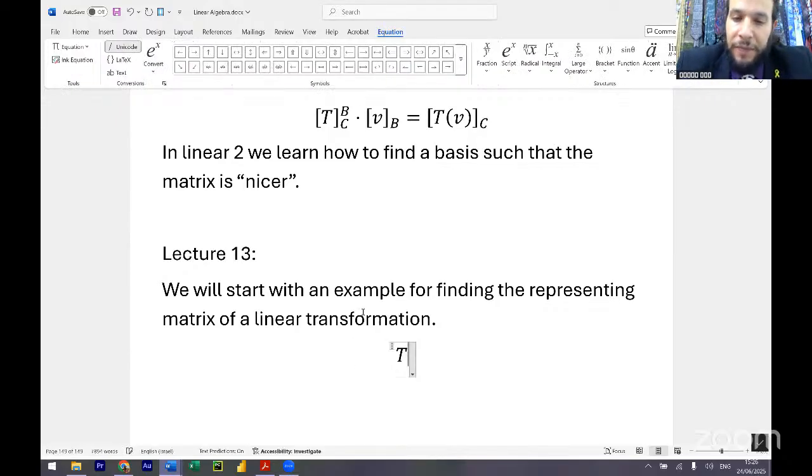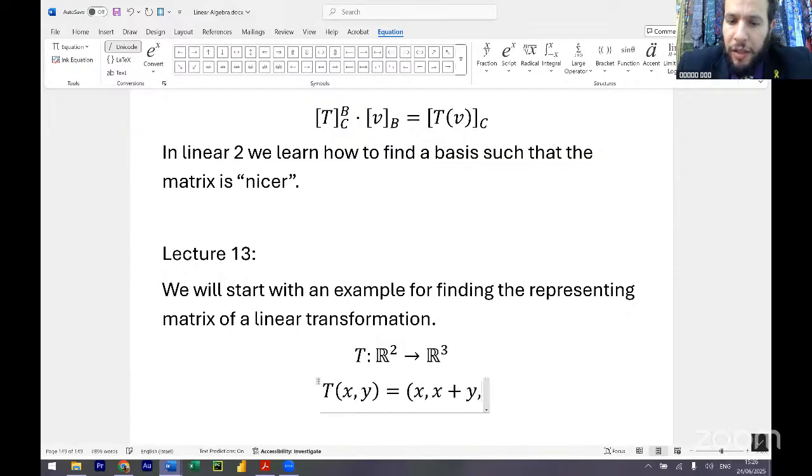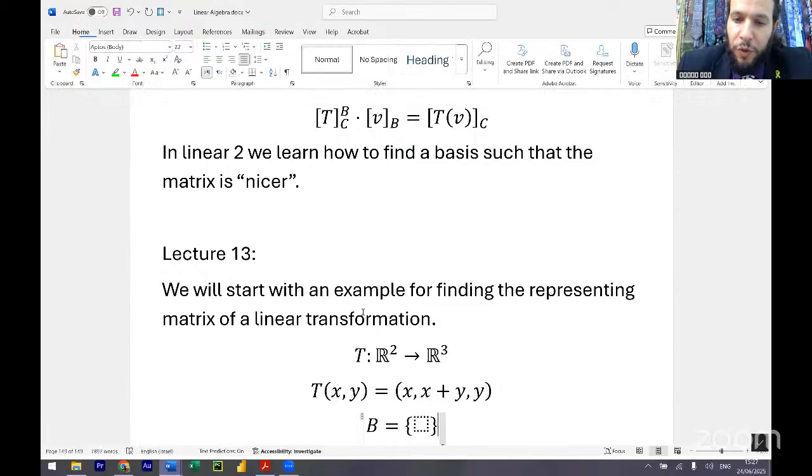So T will be from R squared to R cubed. The formula would be T of (x, y) equals (x plus y, y). The first basis will be (1, 1), (1, 2).